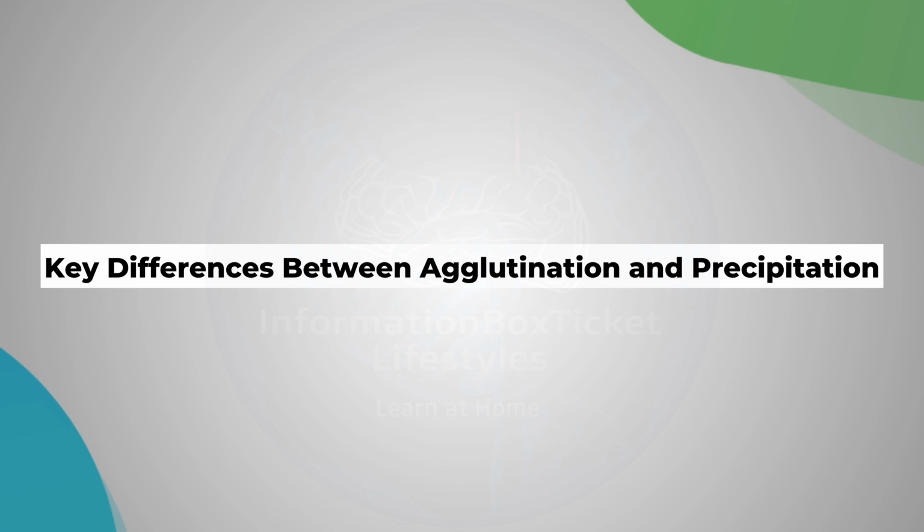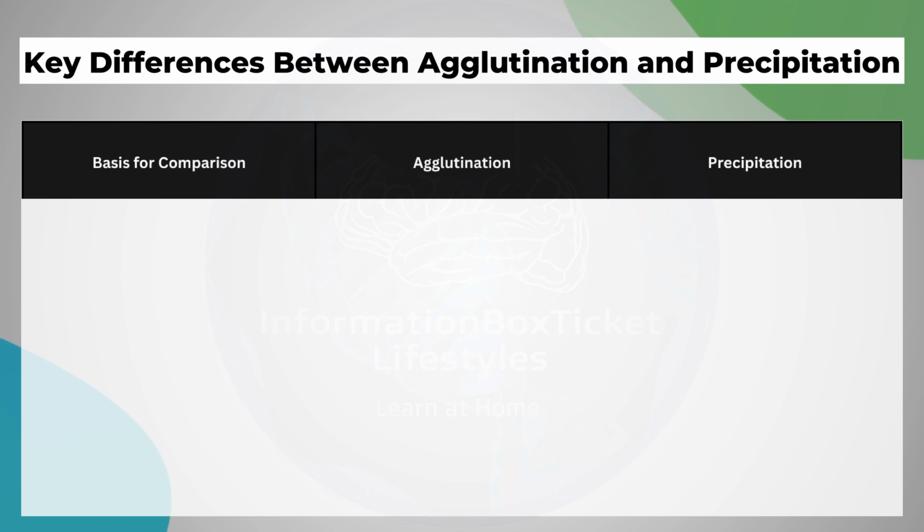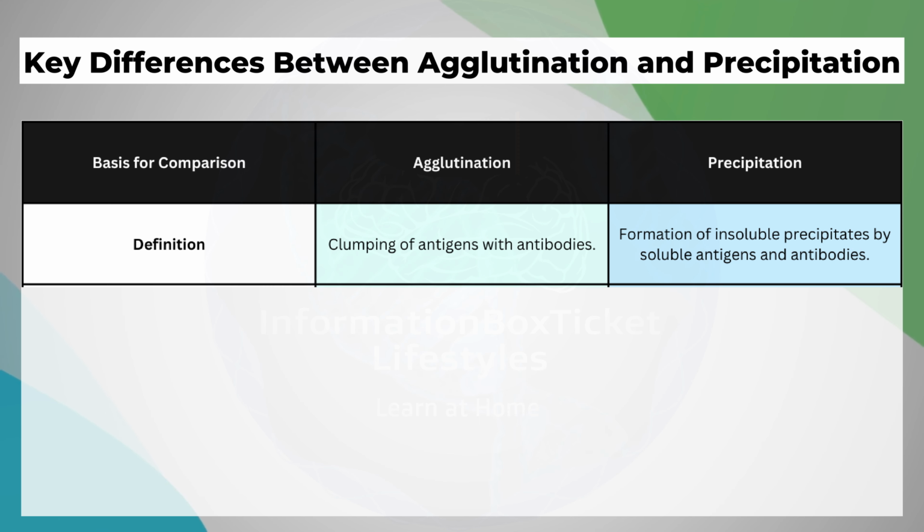Key differences between agglutination and precipitation. Let's explore the key differences between agglutination and precipitation in a clear and concise manner. Definition. Agglutination is the clumping of antigens with their respective antibodies, whereas precipitation involves the binding of soluble antigens with specific antibodies to form an insoluble precipitate.